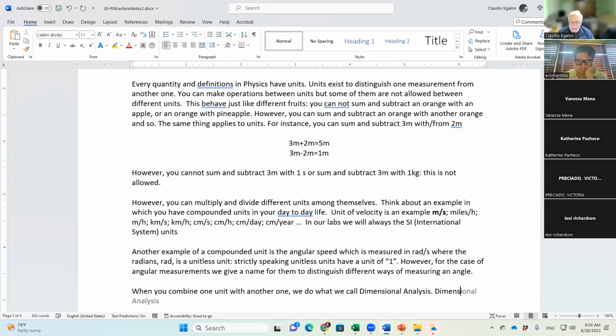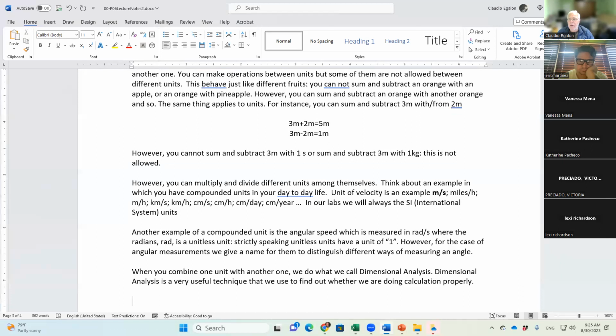Dimensional analysis is a very useful technique that we use to find out whether we are doing calculations properly. Let me give an example.